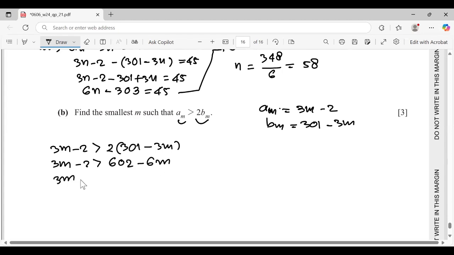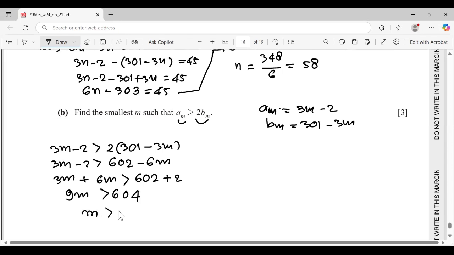So 3m plus 6m greater than 602 plus 2. So 9m greater than 604.